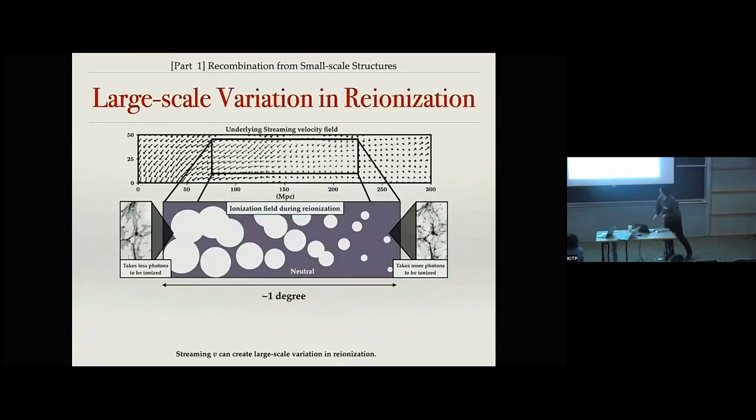Was the streaming field from your small-scale structure, or was that something else? This stream velocity field that I showed you is actually a realization from existing code. It is basically from the baryon acoustic oscillation, so it's well known how to calculate that. Oh, okay. Thanks.